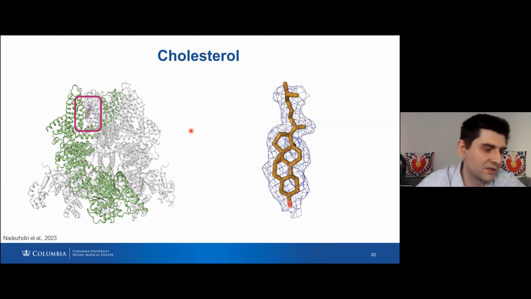We also reconstituted this particular sample into nanodiscs. When we did this nanodisc reconstitution, we didn't add any cholesterol to our lipid mix, but still we can see cholesterol bound to the channel. So it means that this is endogenous cholesterol that came from the cell, and it survived bound to the TRPV channel during all steps of protein purification and reconstitution into nanodiscs.